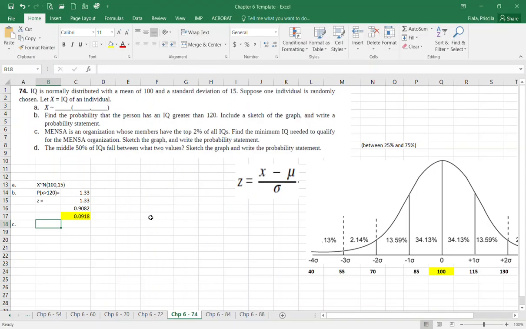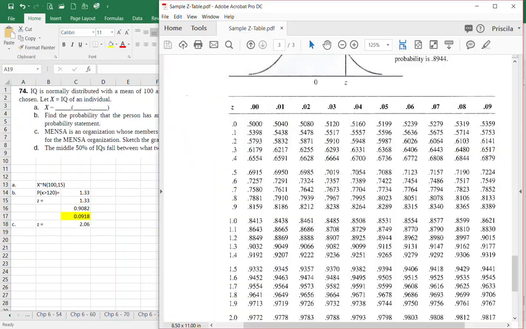So we just said that our z is 2.06. Remember, 2.0, and then we add 6 because this is about 98%. Even if we average this out and put 2.055, anything that ends with a 5, we round up. So let's just use 2.06.